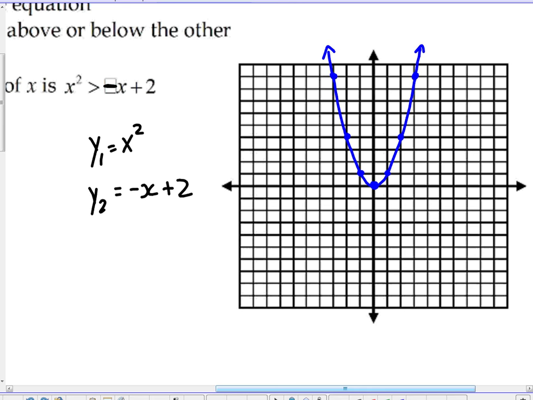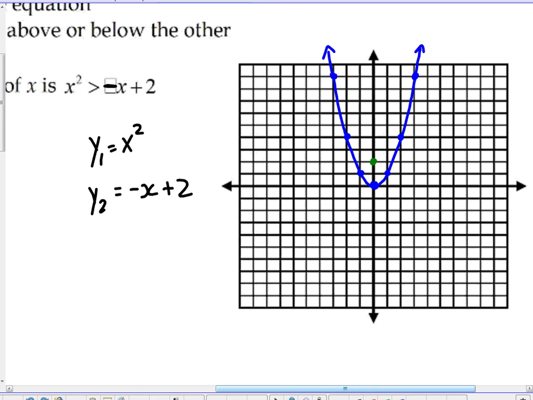Next graph we're going to do is negative x plus 2. So where do we start with that? How do you graph negative x plus 2? Okay, y-intercept is 2. What's our slope? Negative 1.